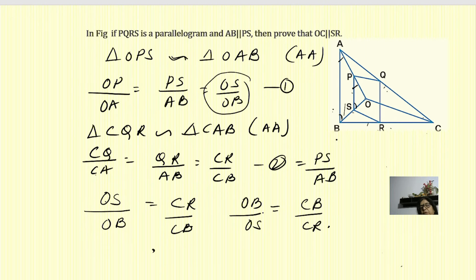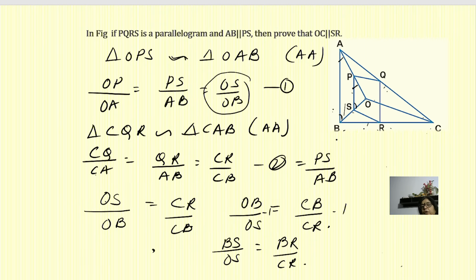Now if we subtract 1 from both the sides, OB minus OS is BS. So we get BS by OS is equal to CB minus CR, which is BR, by CR. So what are we getting? BS by OS is equal to BR by CR.